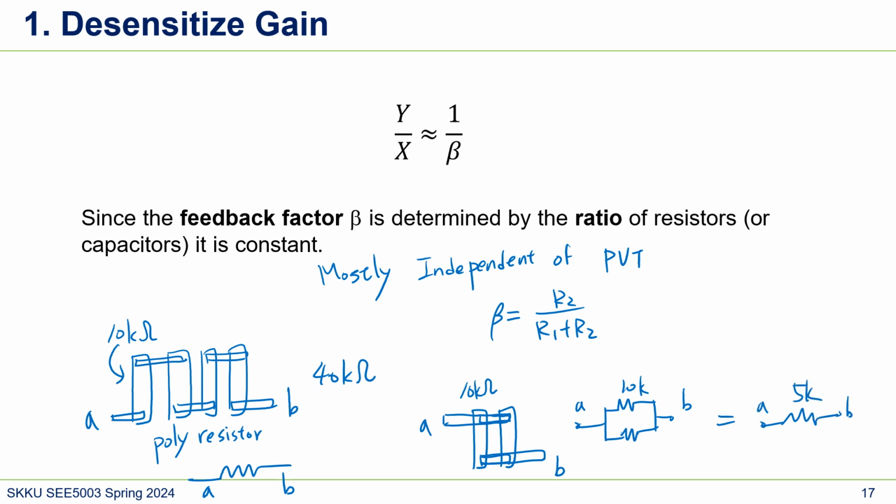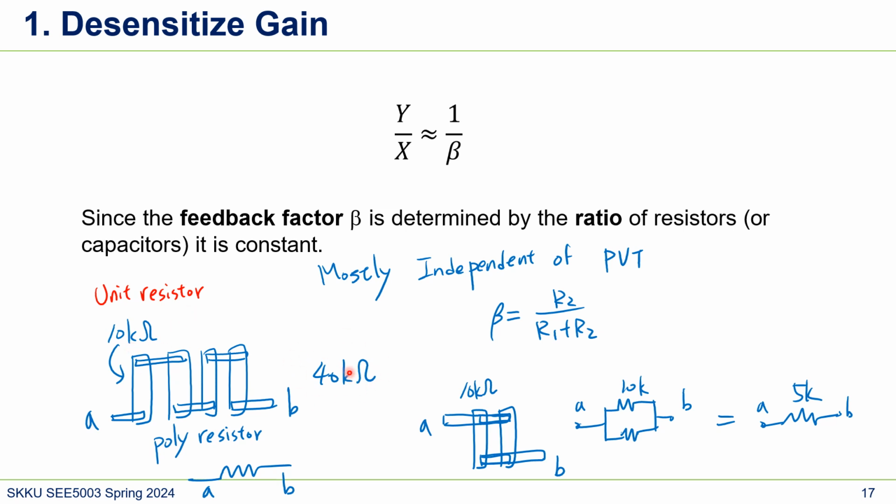So that's how we actually make a resistor ratio in analog circuits. The point here is that we set the unit resistor, and using this unit resistor we make various resistances.